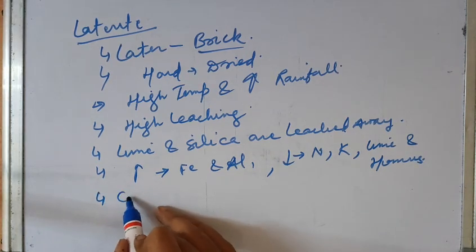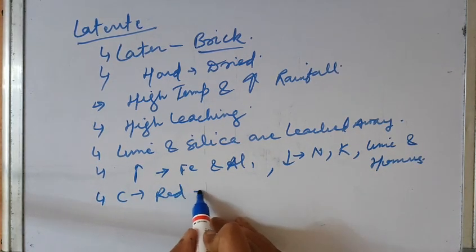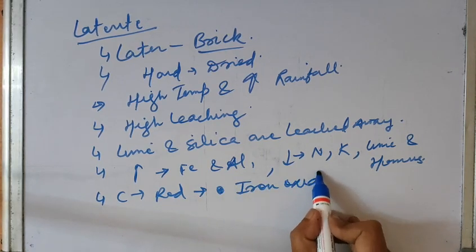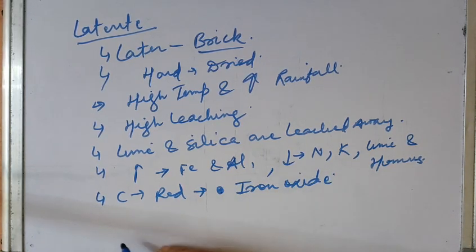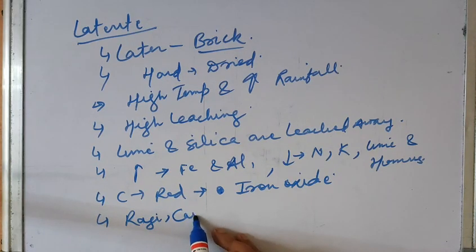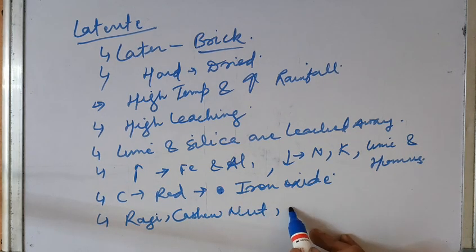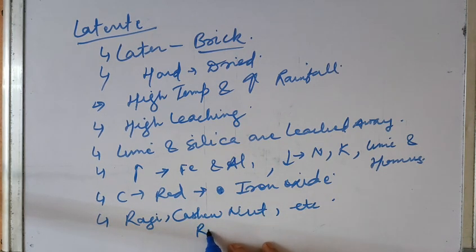Color is red due to presence of iron oxide. Crops like ragi, cashew nut, etc. are cultivated. In some areas of laterite soil, rice is also cultivated.